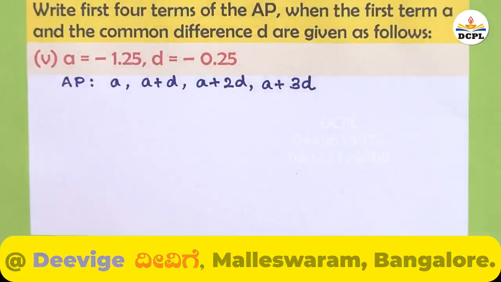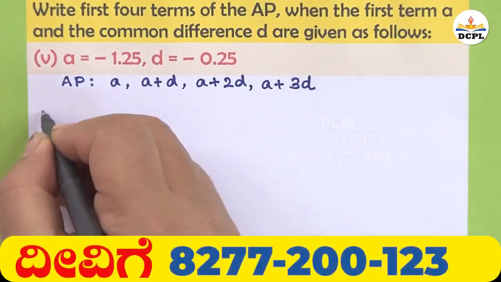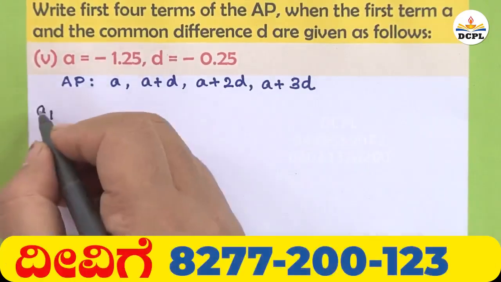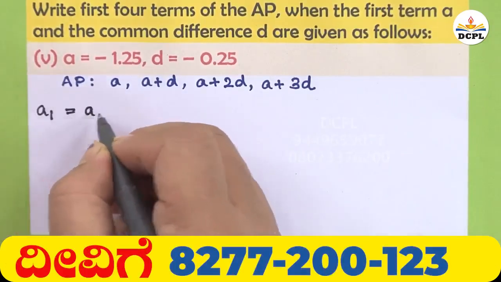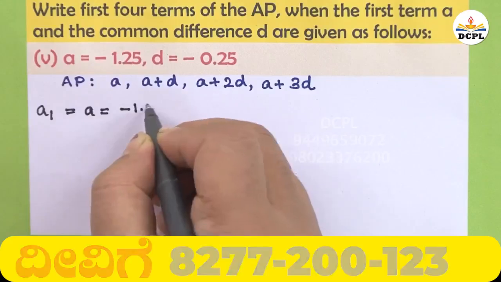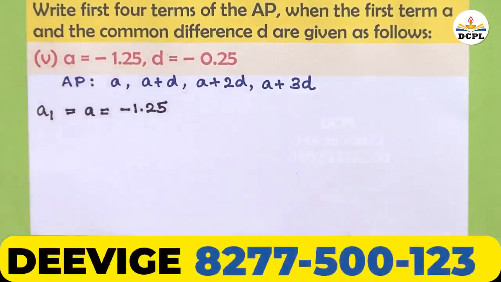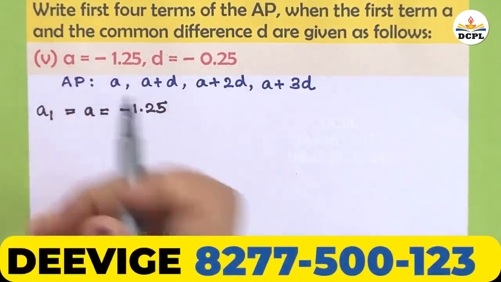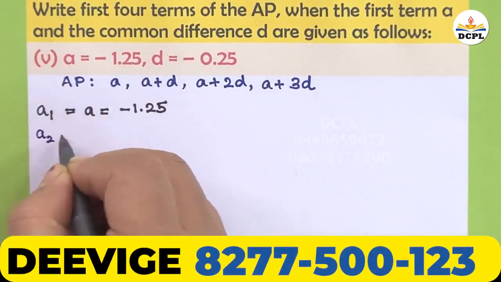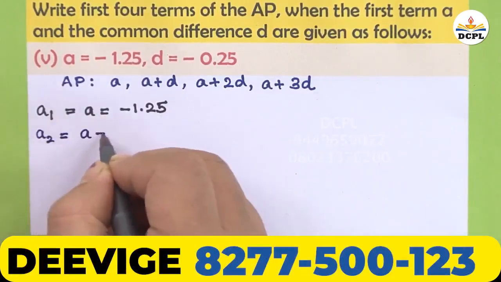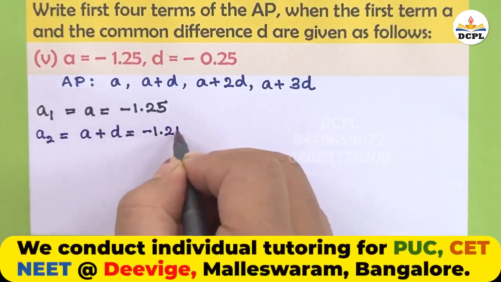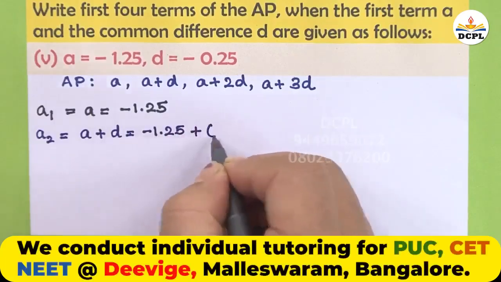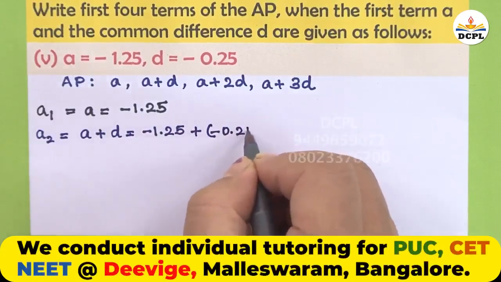So let's substitute to find the first term of the arithmetic progression. If I call it the first term A1, it is given by A, which is minus 1.25. The next term is got by substituting the values of both A and D. So it is minus 1.25 plus of minus 0.25.